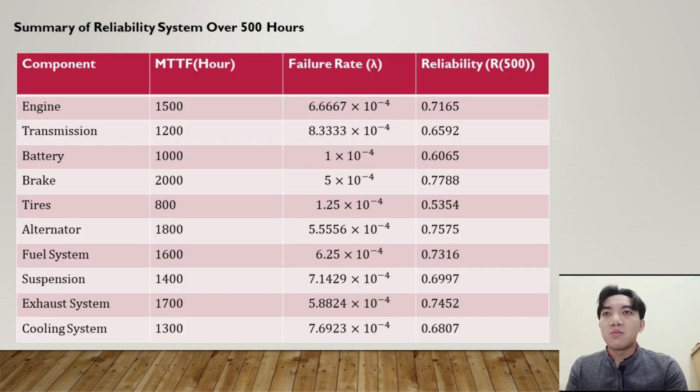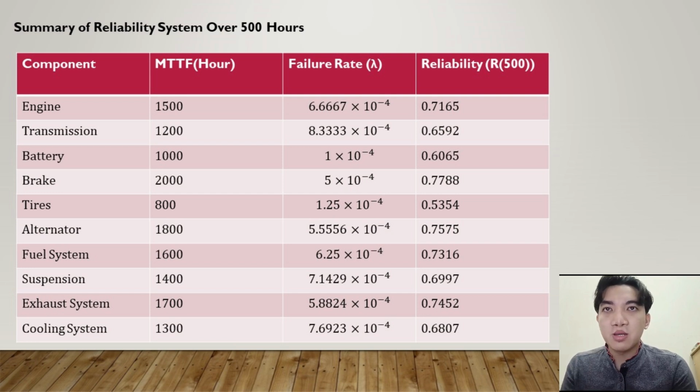So this is the summary of the reliability of the system over 500 hours. We could see the 10 components of the car, which are engine, transmission, brake, battery, tires, alternator, fuel system, suspension, exhaust system, and cooling system.